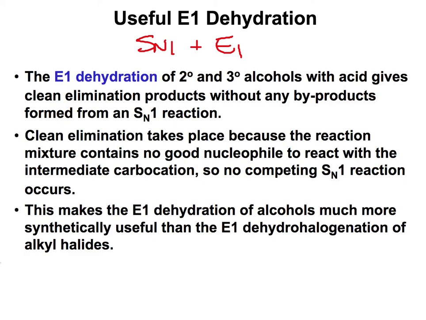But in the E1 dehydration, when we use acidic conditions, that doesn't happen, and we will only get clean dehydration, meaning we get E1. We usually get a mixture of SN1 and E1 when we go through a regular base, a regular SN1. But in the case of E1 dehydration in the presence of an acid, that doesn't happen.